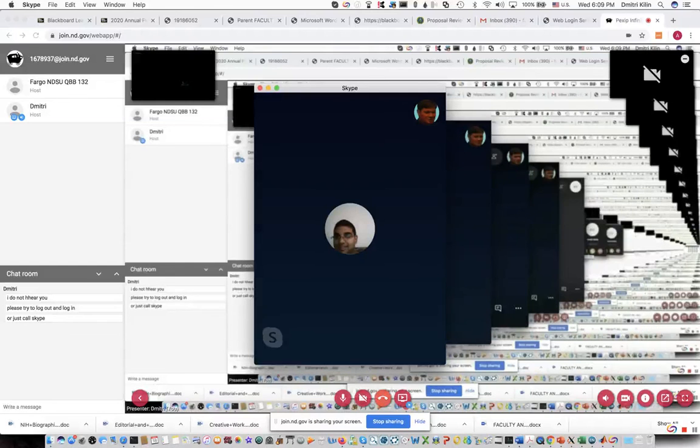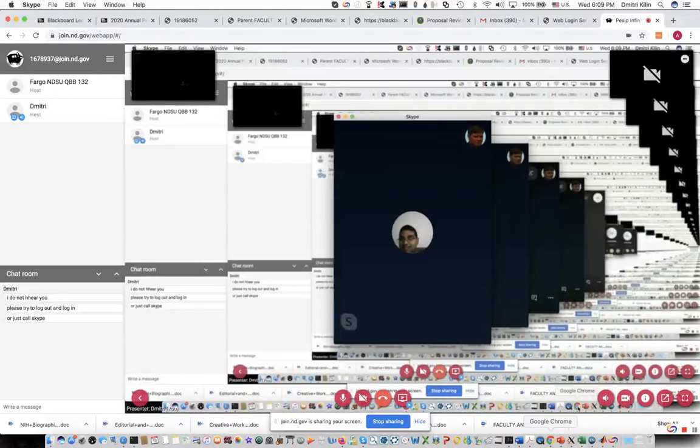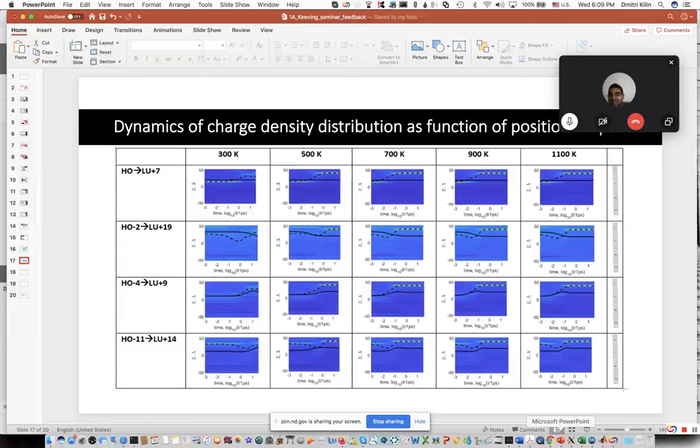Okay, I'm bringing slides back. It dropped off, so that's why it happened. Okay, your slides are on the screen now. I'm on slide 17 with blue figures.